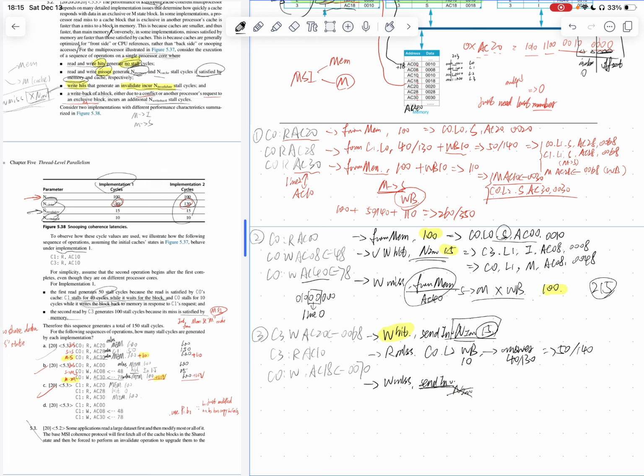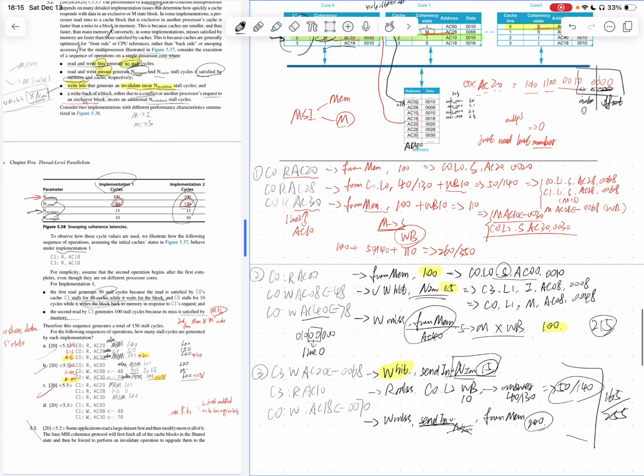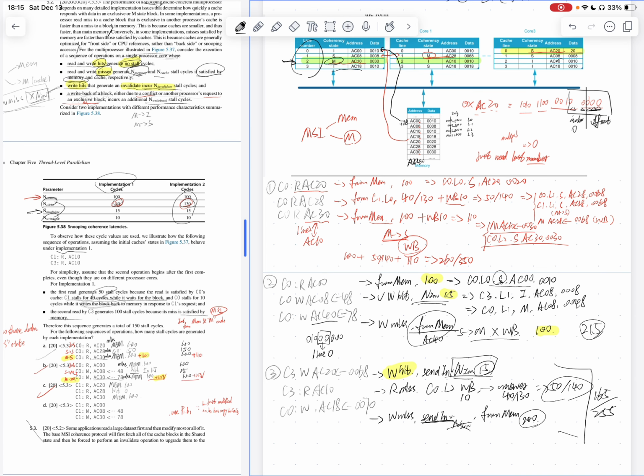So we will get it from memory. Also from memory, that takes us 100. So that is what it is. So totally we will have 165 or 255, right? That is question 5.2.